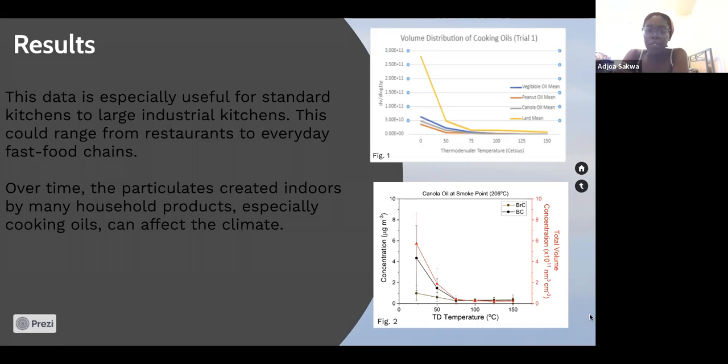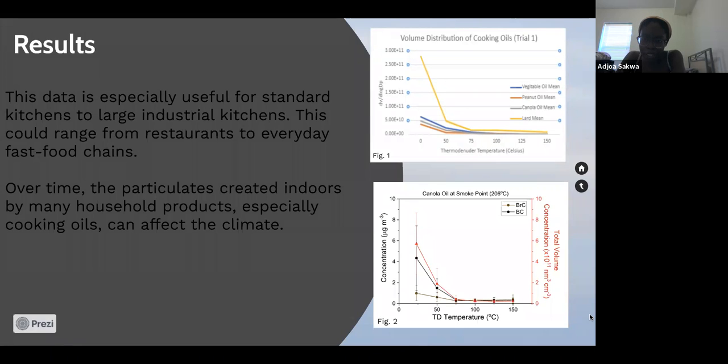So what we got so far was that as the thermodenuter reached 75 degrees Celsius, the oils evaporated into the air and almost disintegrated. Well, they pretty much disintegrated.